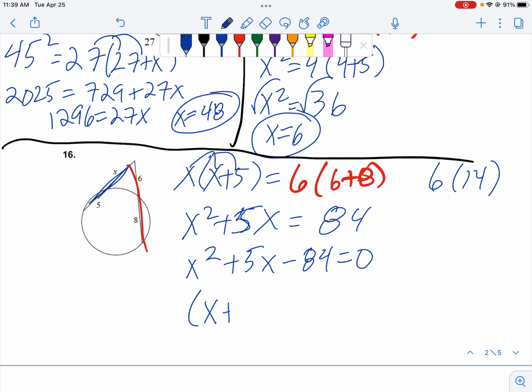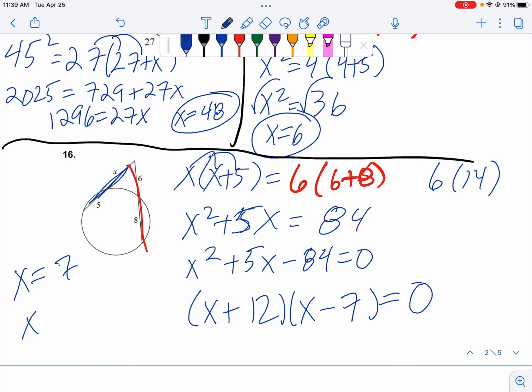So I get x plus two numbers that multiply to negative 84 and add to 5: 12 and 7. So x equals 7 and x equals negative 12. Toss out the negative, keep the 7.